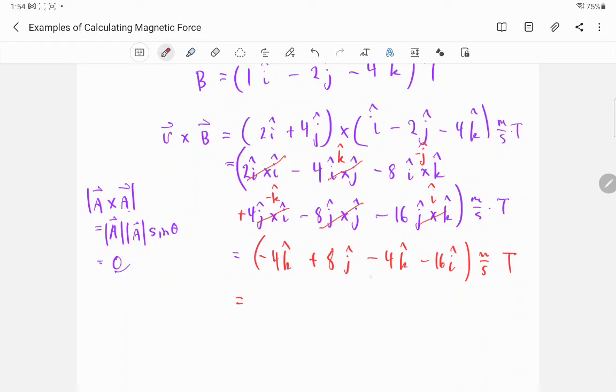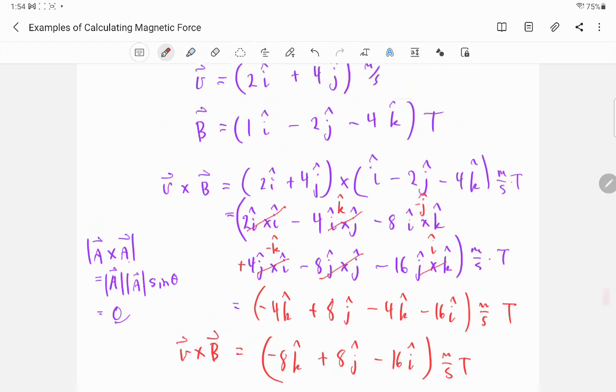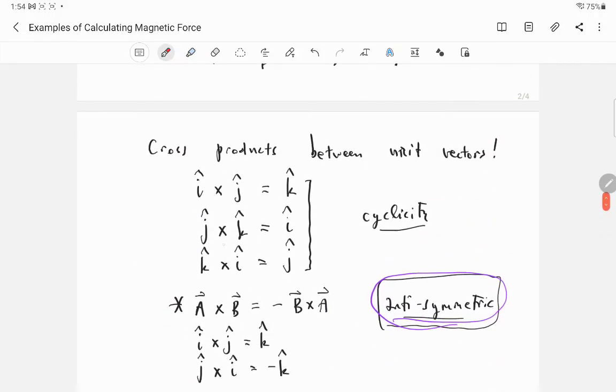And the units are still meters per second Tesla. And if you finish this out, I've got to collect all the k hats together. So negative 8 k hat. I've got a positive 8 j hat. And a negative 16 i hat. Meters per second Tesla. So I've calculated V cross B just using the distributive property, and I used this chart up here.